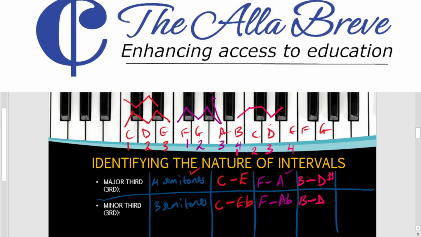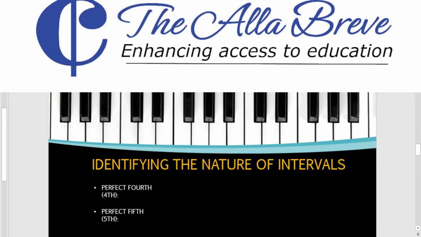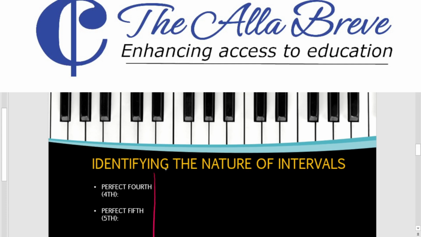Next, we look at development or identification of the perfect fourth. We start with a rule. For a perfect fourth, we need 5 semitones. If you subtract 1 from 5 semitones, it means you're going to have something else which will be studied later, not for your level.